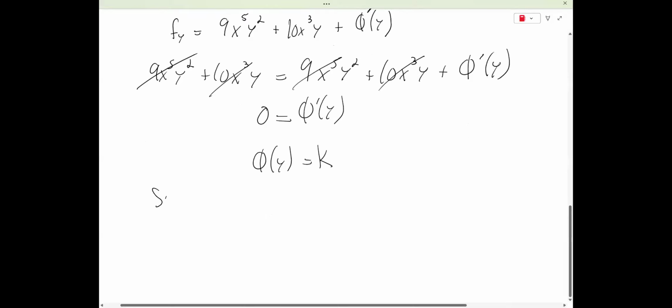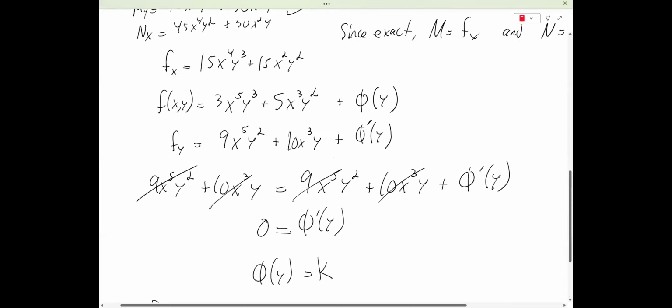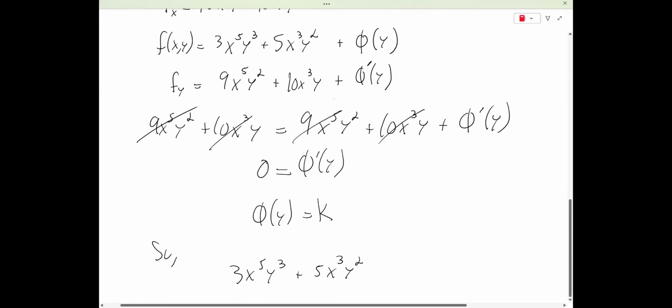So then the solution of the whole thing, right? It's f of xy equals c. So f of xy, that's this part here: 3x to the 5th y cubed plus 5x cubed y squared plus, and this thing here is a constant, k, or actually you can call it 0 if you want, it doesn't matter.